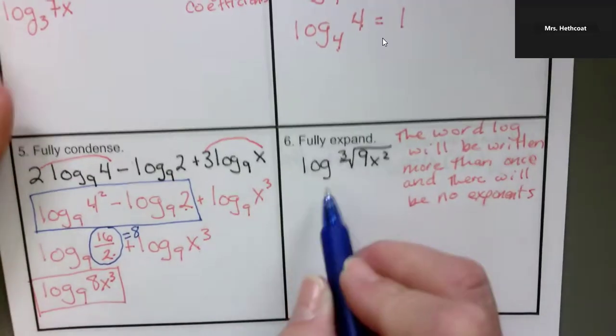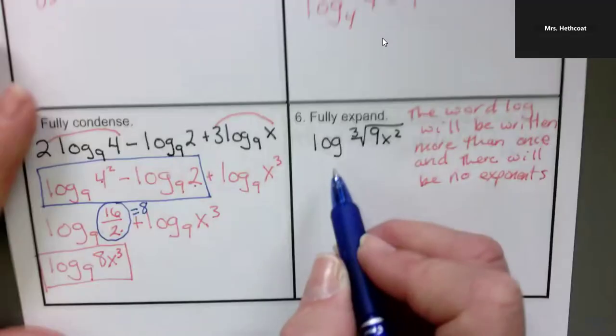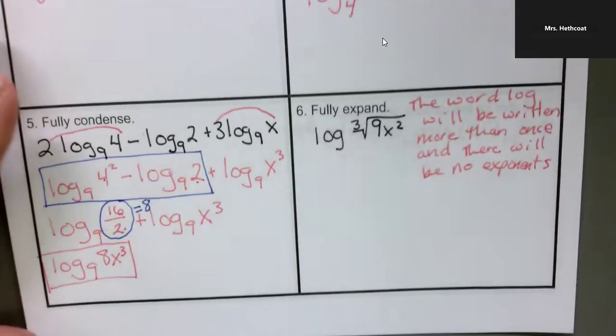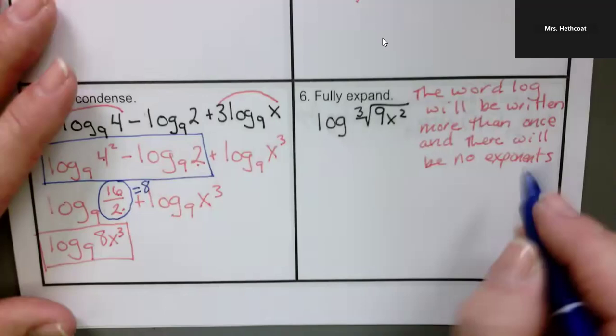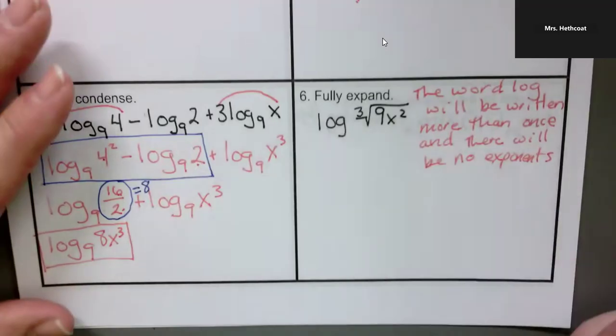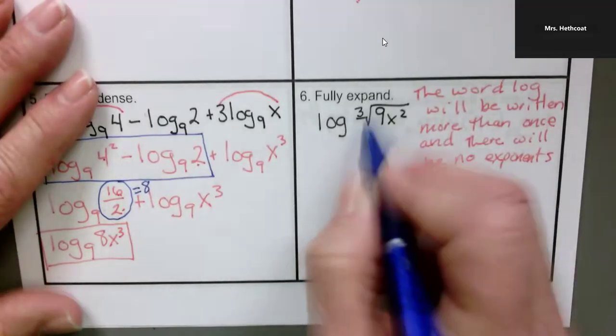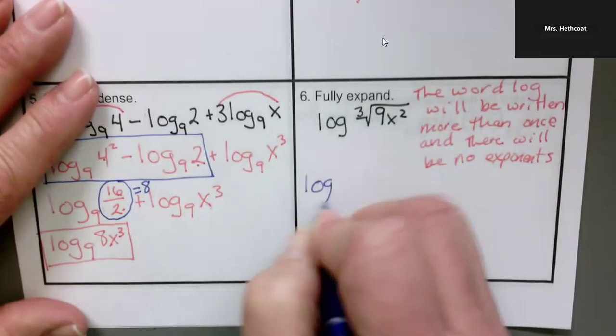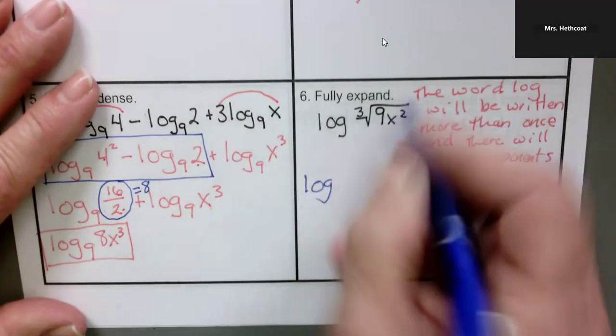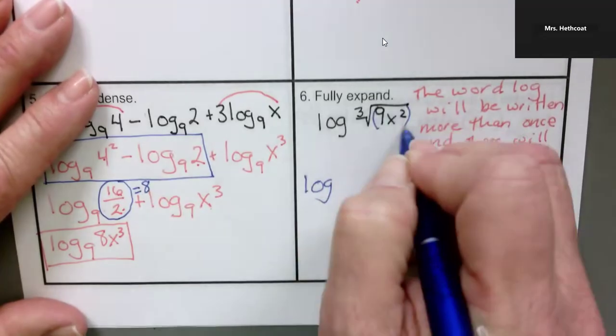So there is a place in your notes that mentions fractional exponents become radical signs. Well, the opposite is also true. Radical signs become fractional exponents. So this radical sign will end up being log, and then this is all under the radical sign.